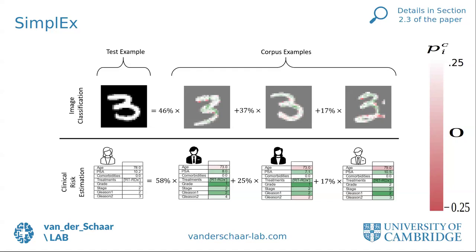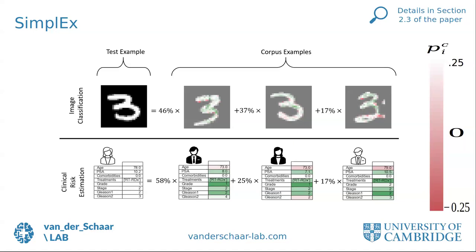You can see for each member of the corpus, if you're using historical examples where you have the genuine label, because as Fergus said, you're providing your own corpus. So you do have the ability to provide historical data, or in terms of a clinical setting, you would need them to be historical in order to have the genuine label. But in the case of MNIST, you have access to the genuine label.